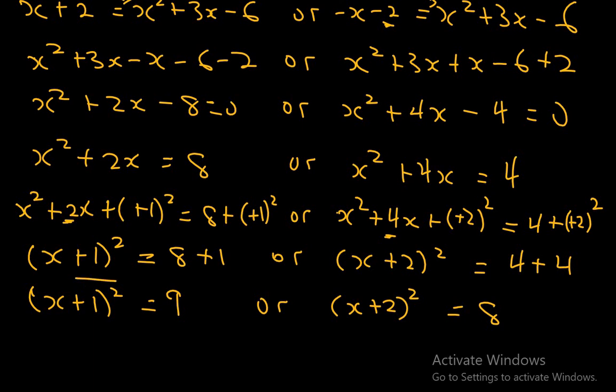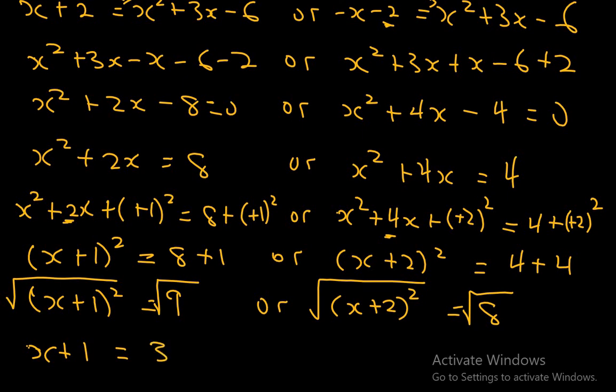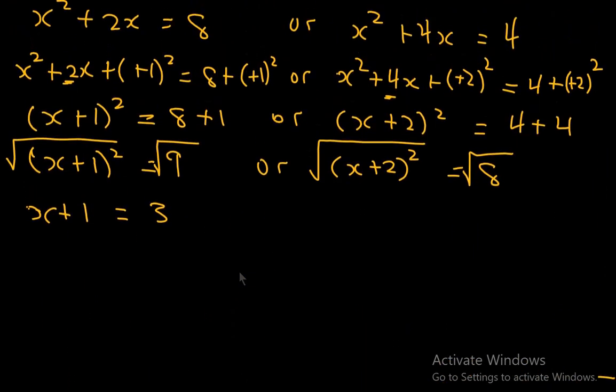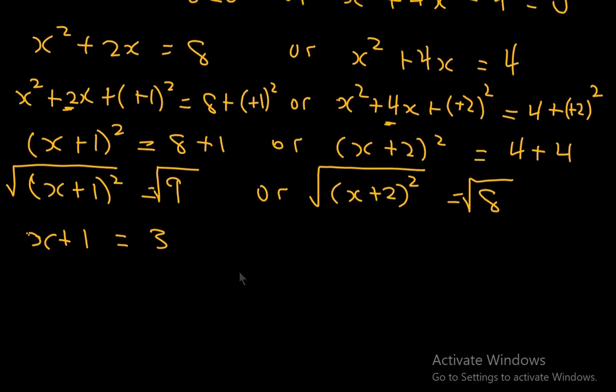So if I take the square root of both sides, the first equation gives you x plus 1 equals 3. Notice we said the first phase of the equation gives a positive answer.